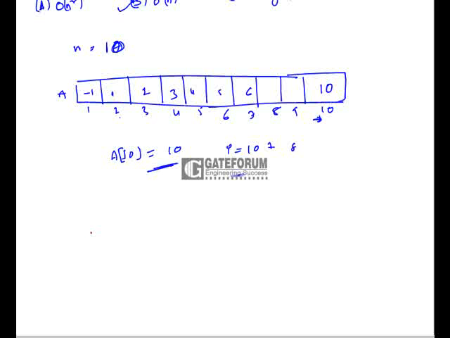In the worst case, we have to search each and every index and compare it with the element in that position. So the worst case complexity would be order of n if there are n elements in that array. So here the correct option is option B.